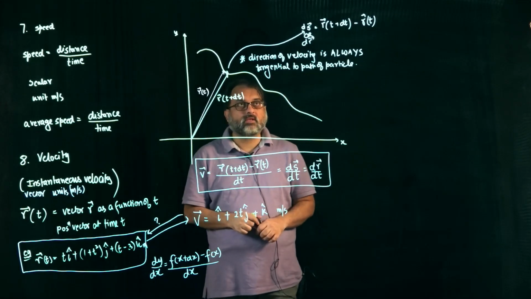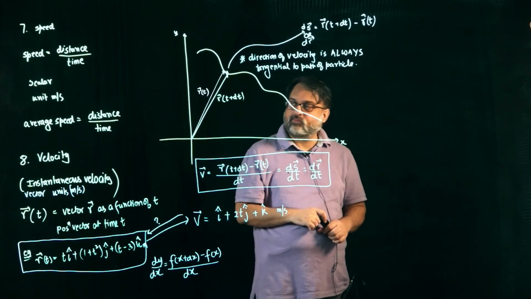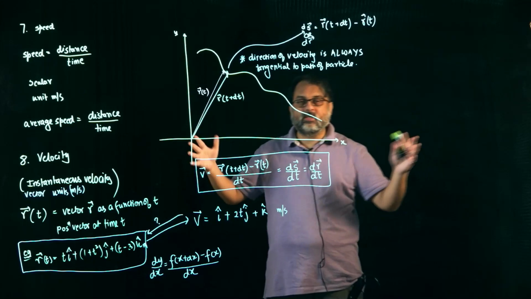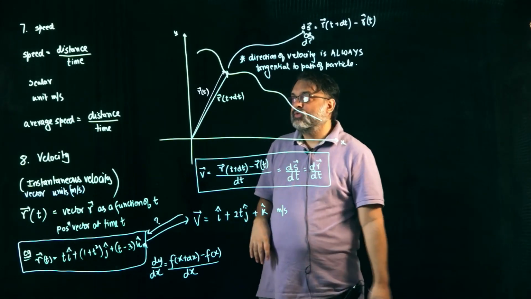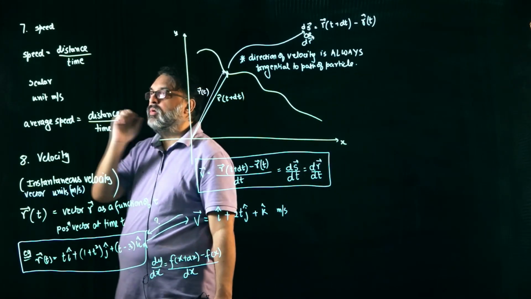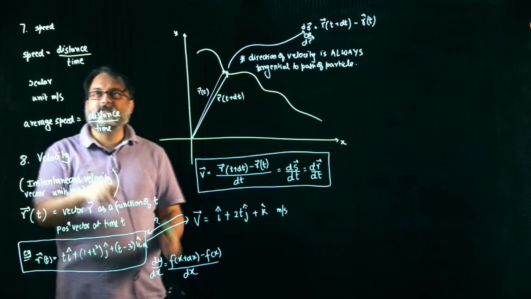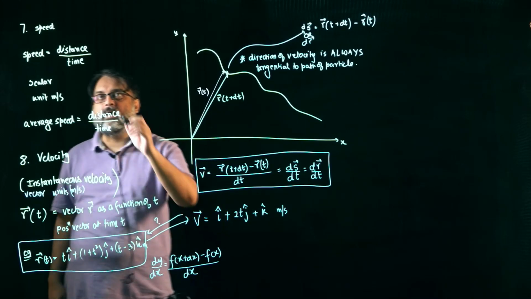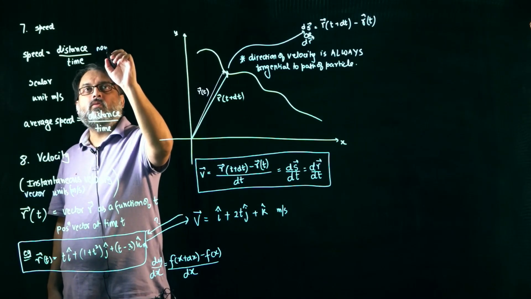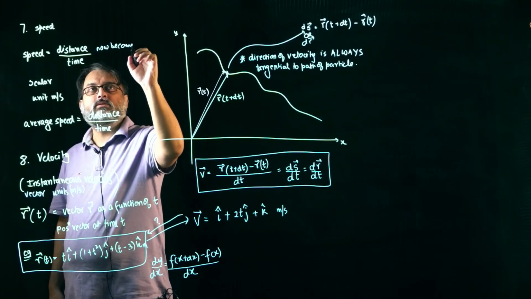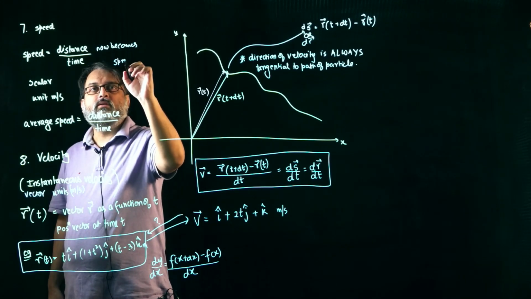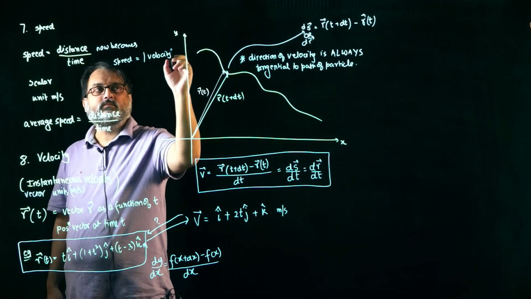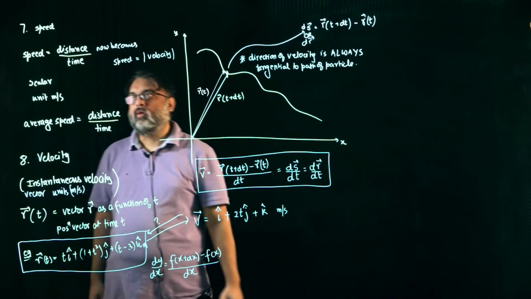The velocity vector gives the minute details about the motion, whereas the average wale jo quantities hain, they give you an overall picture, right? So here also I must talk about average speed and speed, right? So distance over time, speed is equal to distance over time, now becomes speed is equal to magnitude of velocity. Okay?